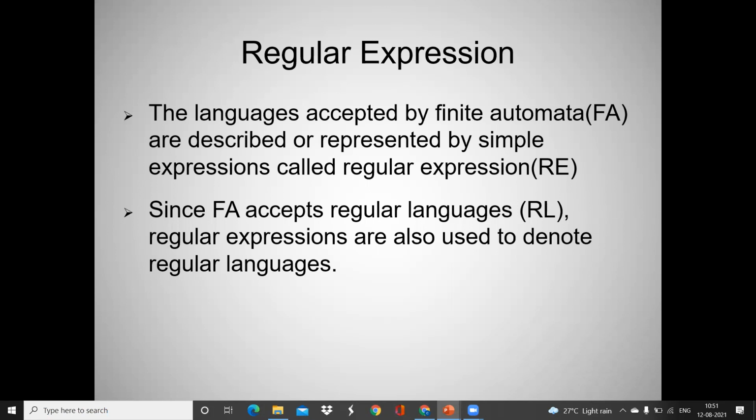And the language which finite automata accepts can be represented with the help of regular expressions. Because the finite automata accepts regular languages, regular expressions are also used to denote the regular languages.